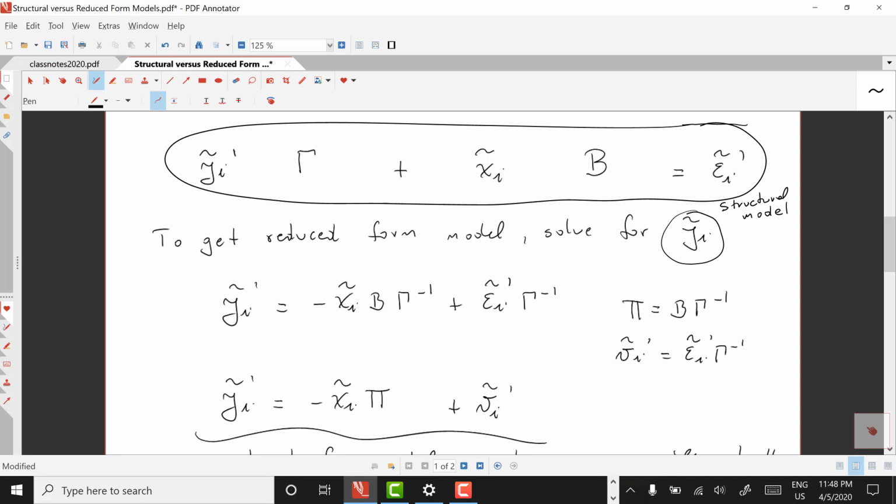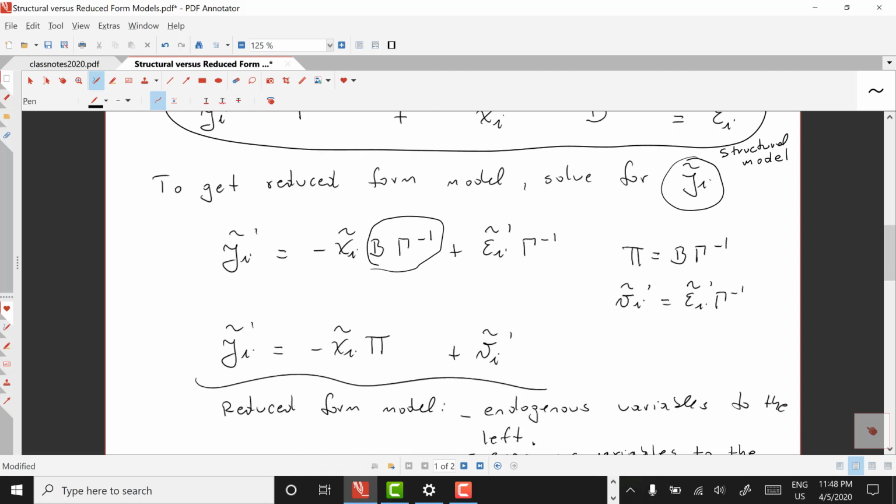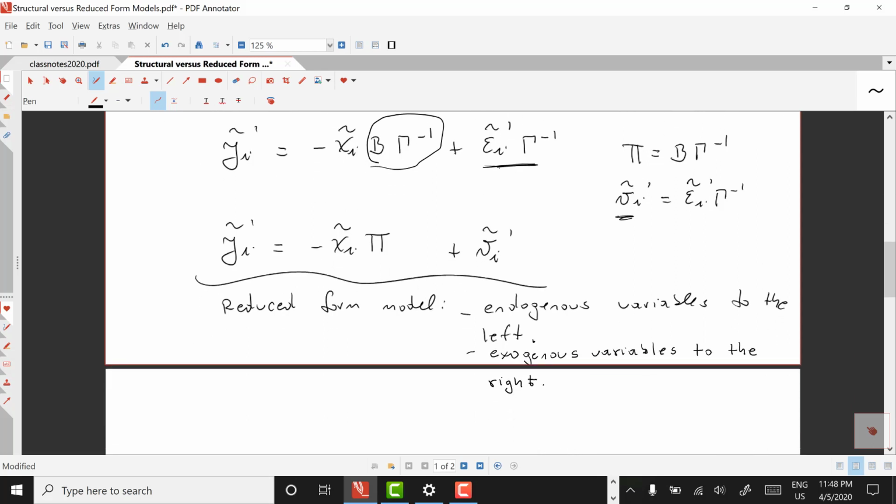And then what I do is this product. So remembering what we have here, these are matrices of coefficients. I'm going to call that pi, equal to beta times omega inverse. And here I'm going to create a new error term, which I'm going to call bi tilde hat, which is going to be the product of the original errors times omega. And if I do that, I end up with what's called the reduced form model.